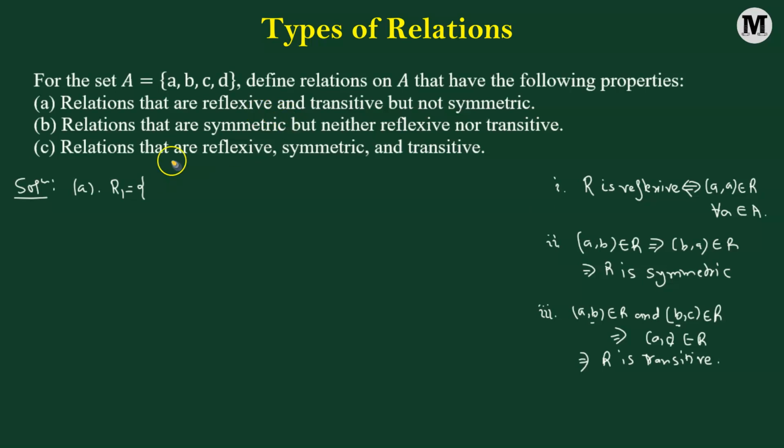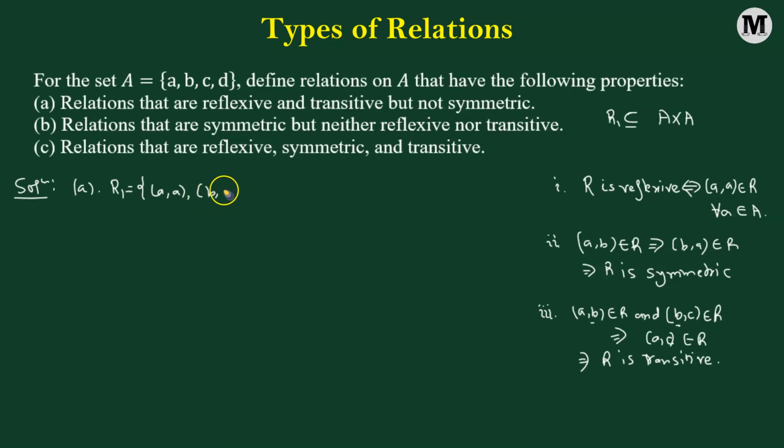R1 is going to be a set of ordered pairs. We have a set A containing four elements a, b, c, and d. If we take the Cartesian product of the set A with itself, it gives us a total of 16 ordered pairs, and we pick some ordered pairs so that R1 becomes a subset of this Cartesian product. Let's say R1 contains (a, a), this is one ordered pair.